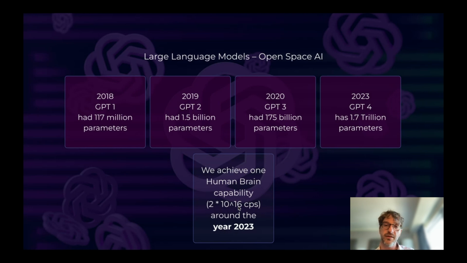So within 2-3 years, you'll have 10 to the 16 parameters inside of this GPT program.